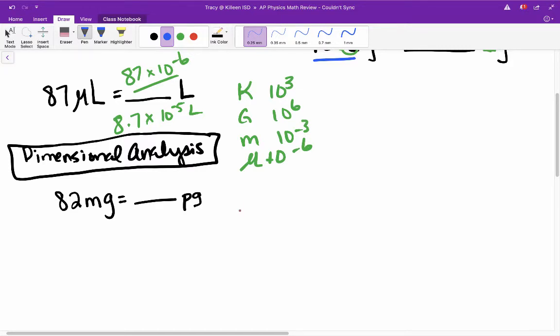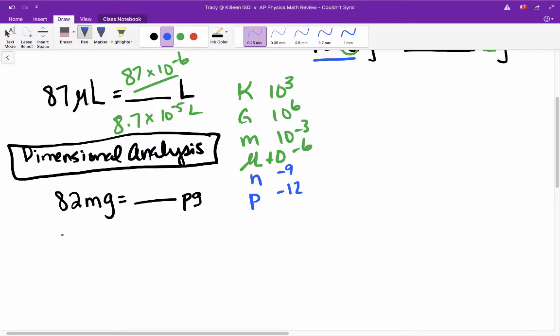But I also may look on my physics formula sheet or just have memorized that after this it goes by thirds. So milli is times 10 to the third, micro is times 10 to the sixth, and then there's nano, which is times 10 to the ninth, and then pico, which is times 10 to the 12th. And so I can actually use this and dimensional analysis to figure this out if I want to.